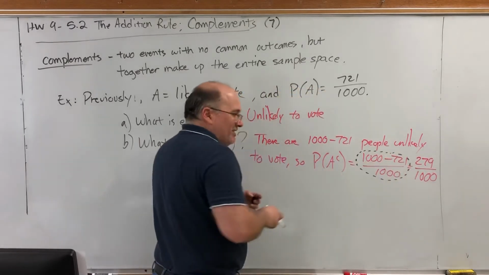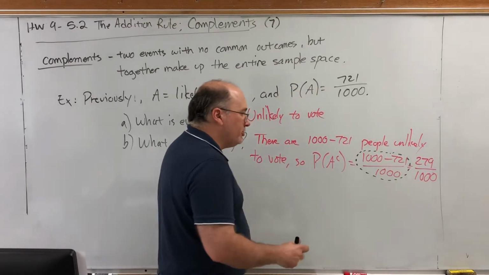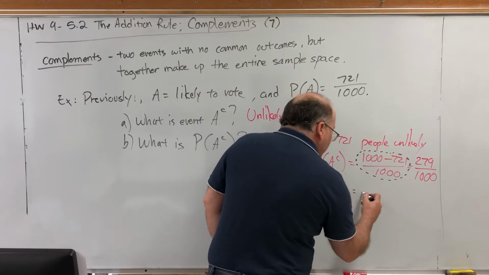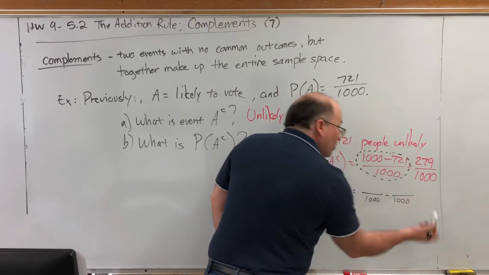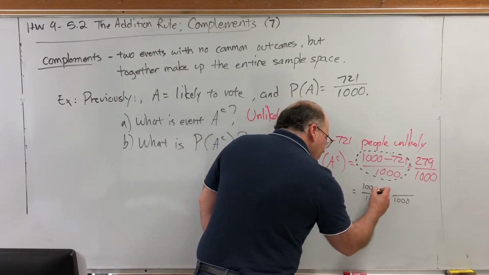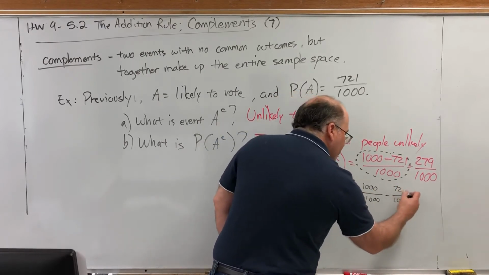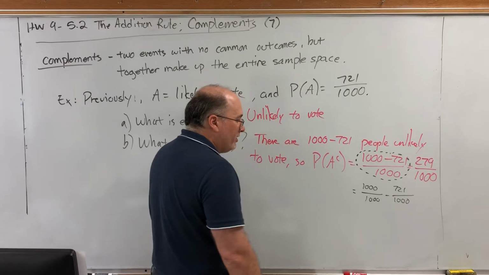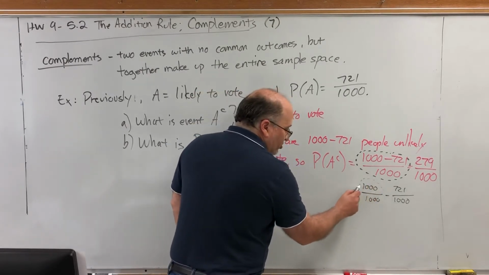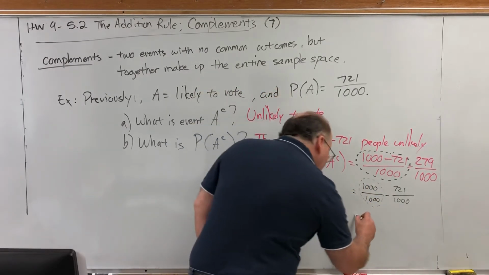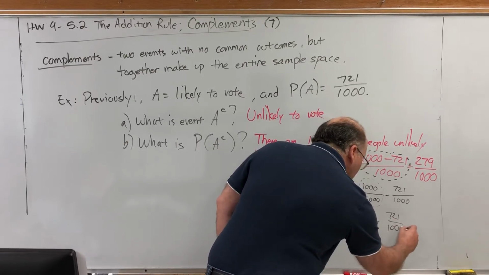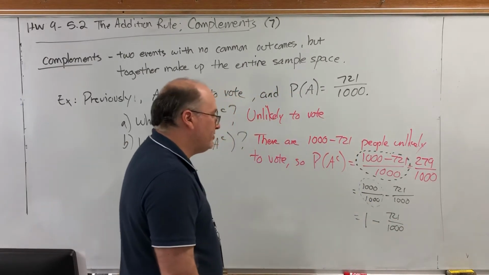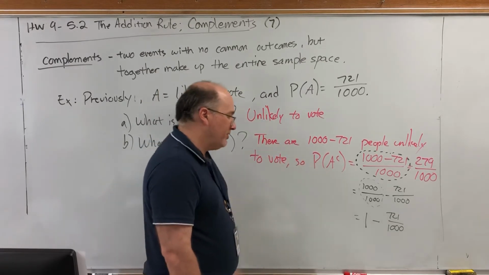Because if I take this expression and break it into two fractions with the same denominator, in this case 1,000, first numerator is 1,000, second numerator is 721. That first fraction is just equal to 1. So 1 minus 721 over 1,000 is equivalent to calculating the probability of the complement.